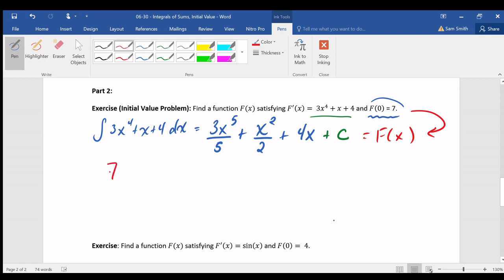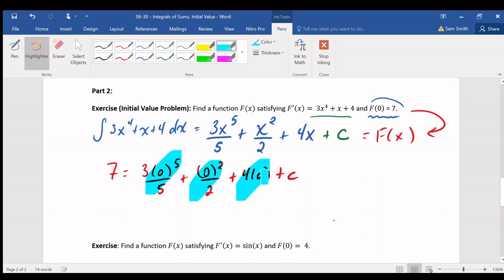F of 0. 7 is equal to what you get when you plug 0 into x's place: 0 squared over 2 plus 4 times 0 plus c. If I simplify this as much as I can, all the 0 terms vanish, and I am left with 7 equals c. So, by plugging in that given point, F of 0 equals 7, I've determined the value that c must equal.